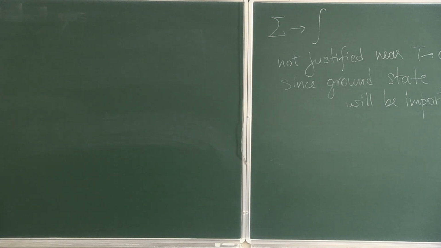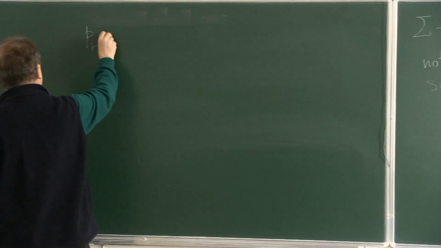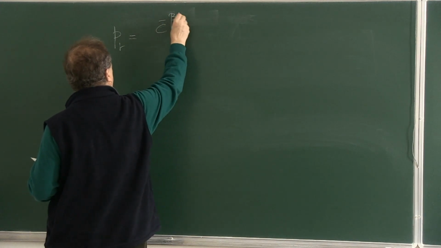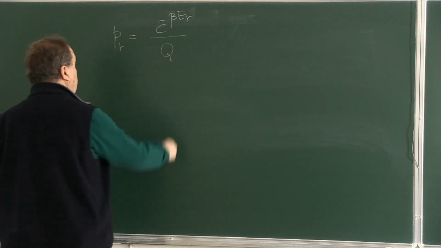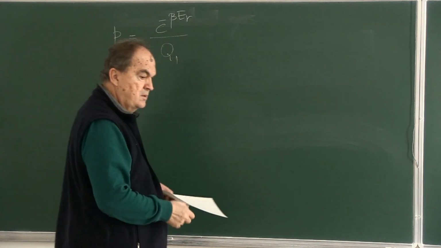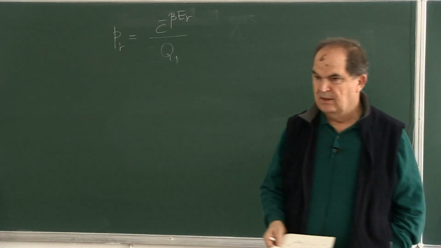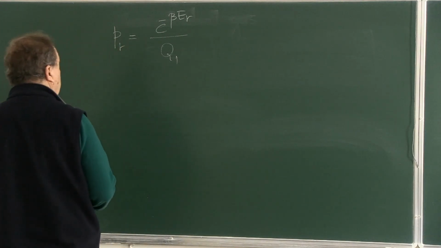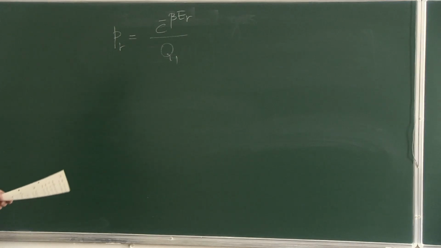Now, let's look at the probability of occupation of a single state. Well, you can write this as e to the minus beta E_r, the probability of finding the particle in a state with energy E_r. It is the canonical distribution, so that's our probability, isn't it?